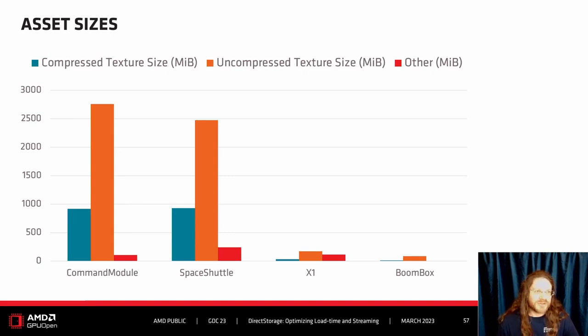This chart shows the compressed asset size, the compressed texture size, uncompressed texture size, and then other. It's important to note that we only implemented DirectStorage for the textures because they represented the largest amount of resource data to load. So the other stuff is, of course, index buffers and vertex buffers.